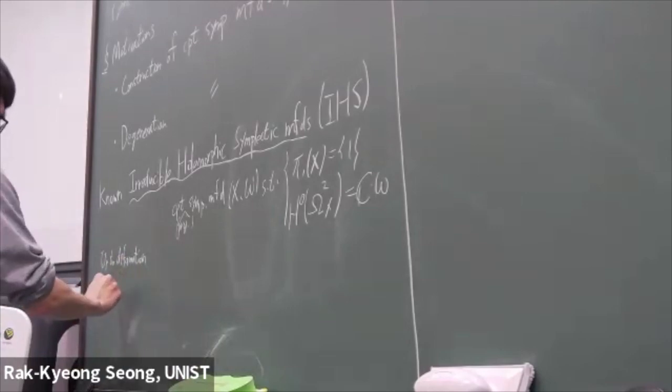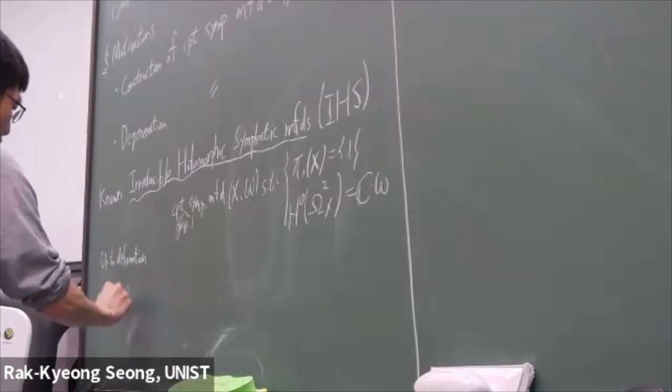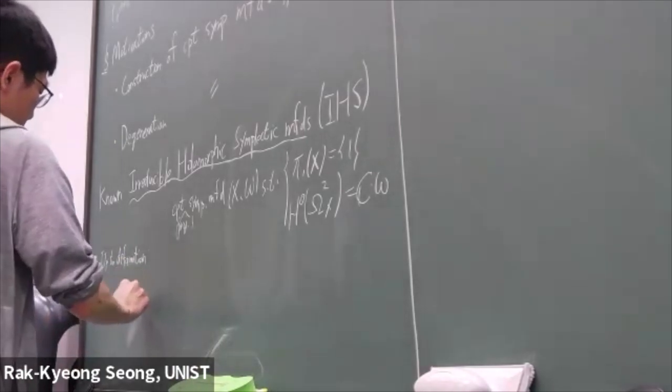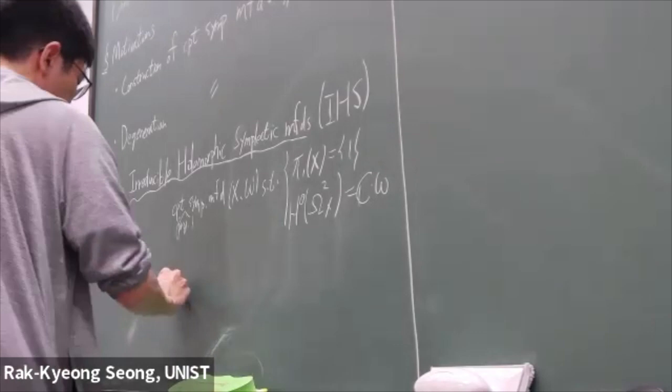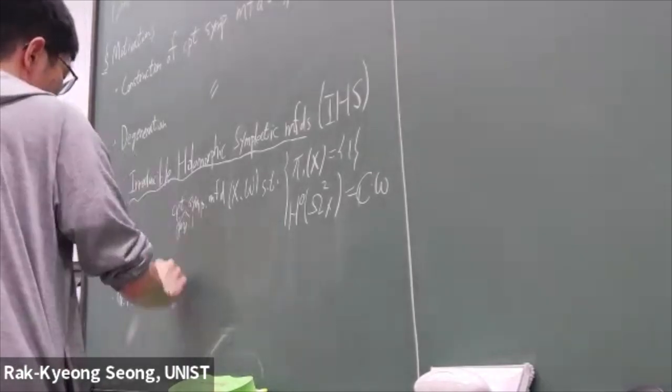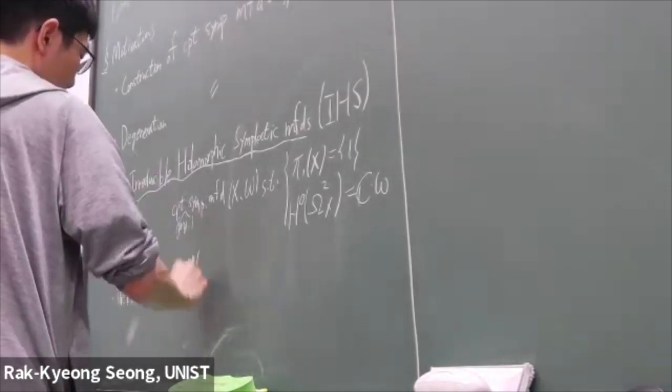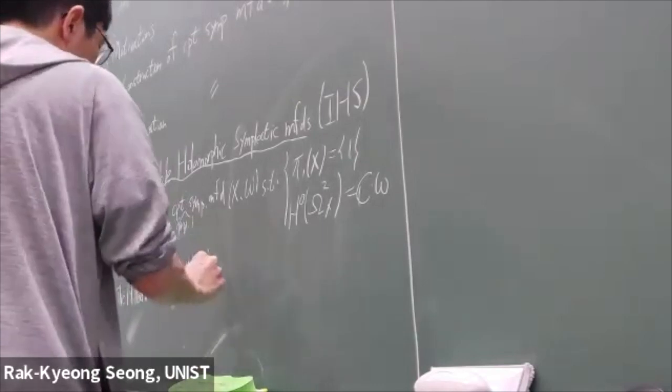The first example is the Hilbert scheme of points on a K3 surface.